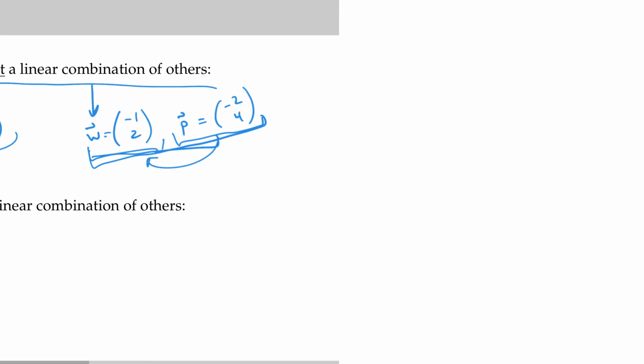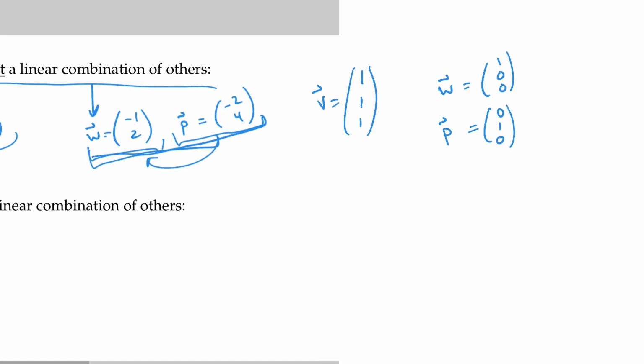I like this one. Let's take our vector to be (1, 1, 1) in 3-space. I need this to not be a linear combination of a collection of other vectors. Well, what if I take W to equal (1, 0, 0), and P to equal (0, 1, 0)? v will never be a linear combination of W and P. Well, to see why, let's suppose it is.